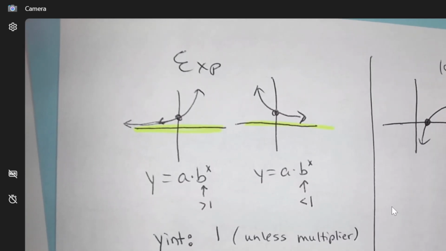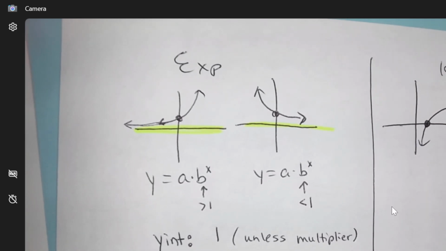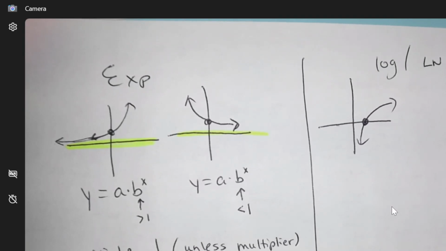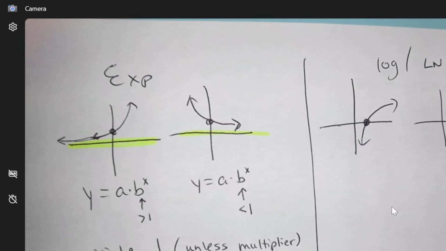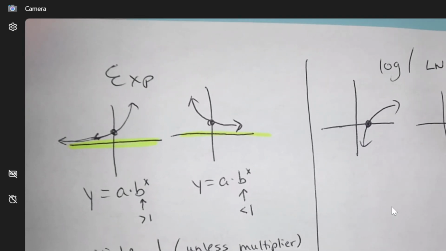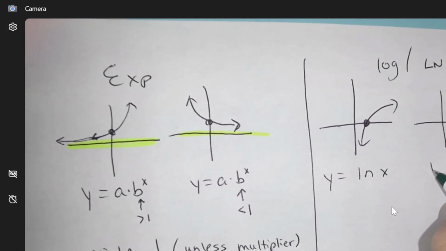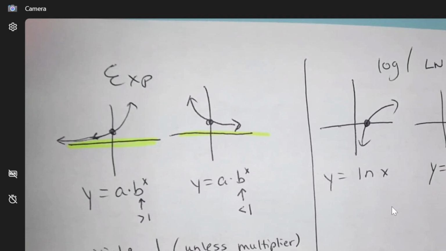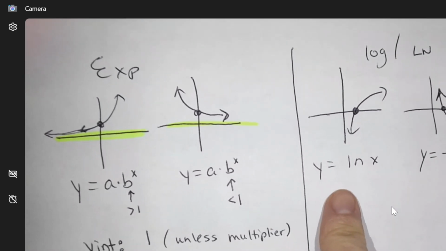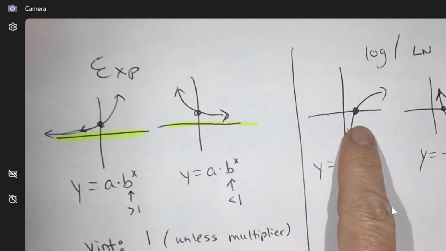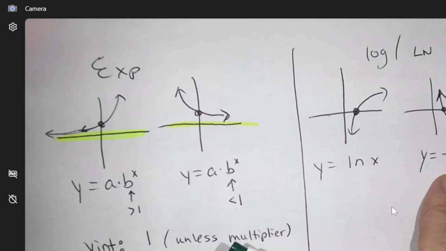And then we have log, or the natural log, which can look like this, or it can look like this. So this one is just the ln shape, but this one is if I put a negative multiplier on it.